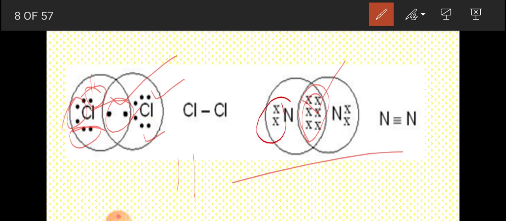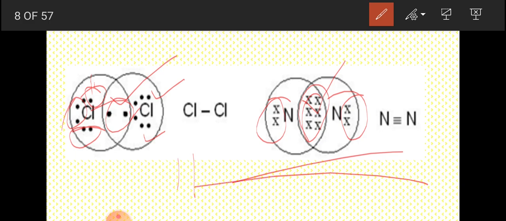In nitrogen, you can see 1 lone pair. For example, in the chlorine molecule each chlorine atom has 3 lone pairs of electrons, whereas in the nitrogen molecule each nitrogen atom has 1 lone pair of electrons. So this is bond pairs and lone pairs.